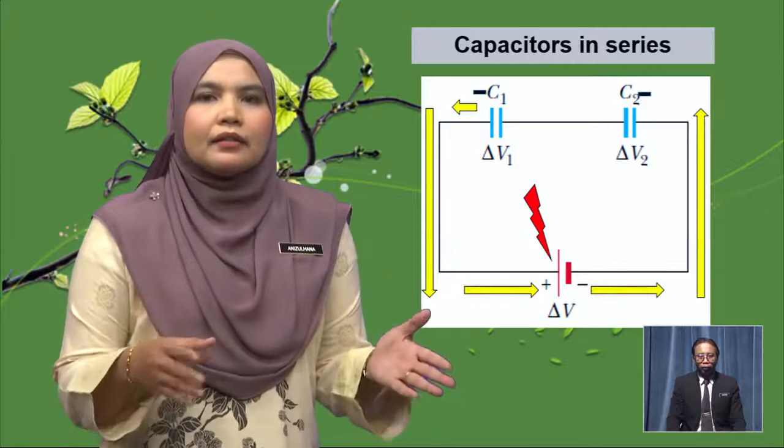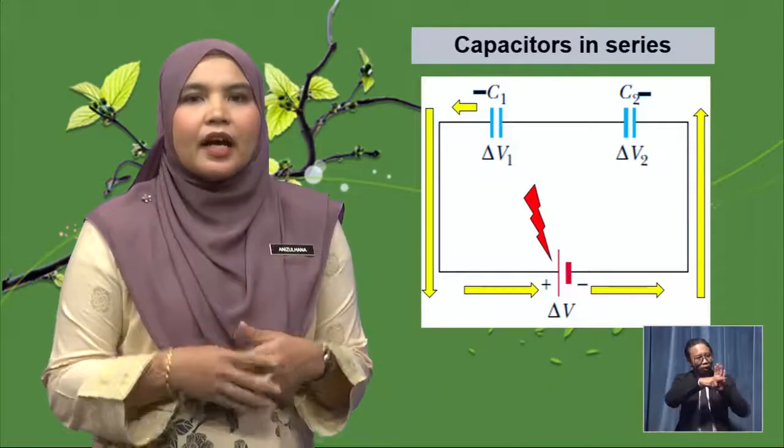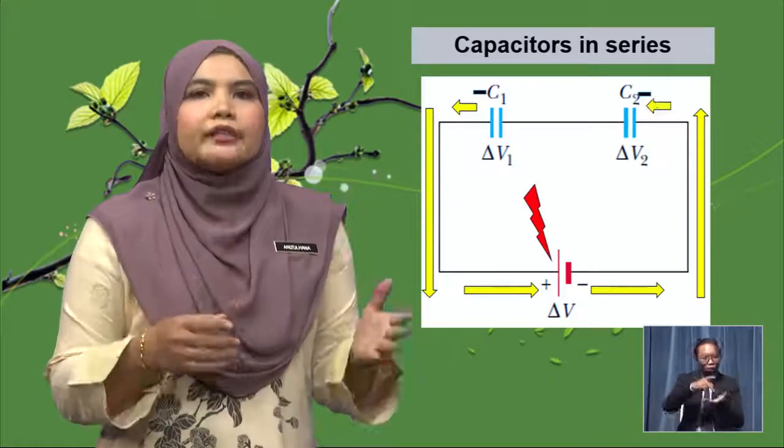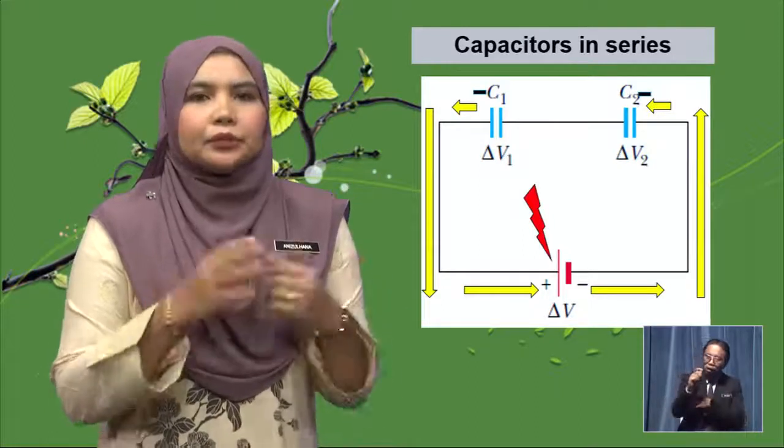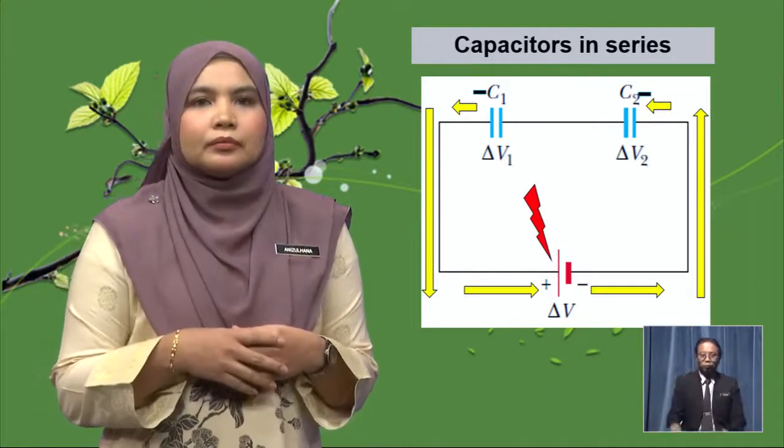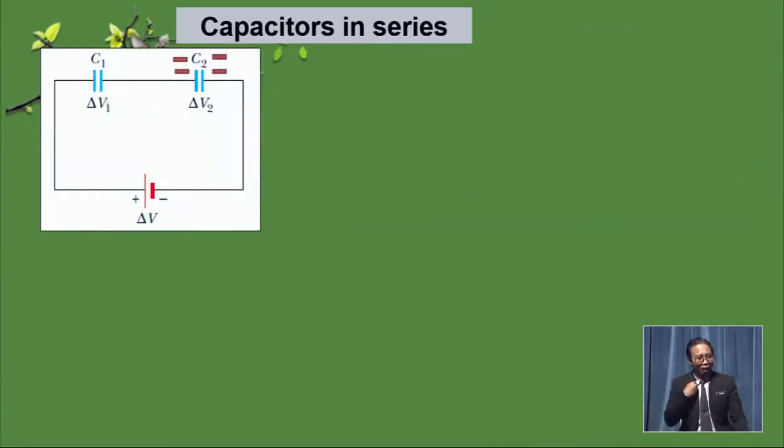As these negative charges accumulate on the right plate of C2, an equivalent amount of negative charges is forced out of the left plate of C2, and the left plate therefore has excess positive charges.